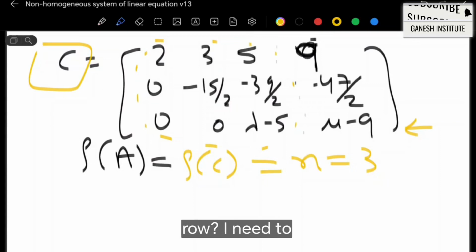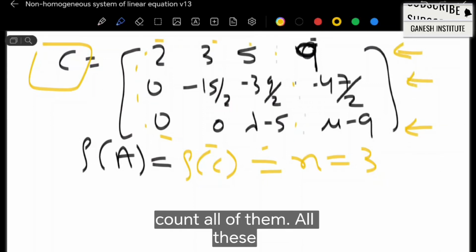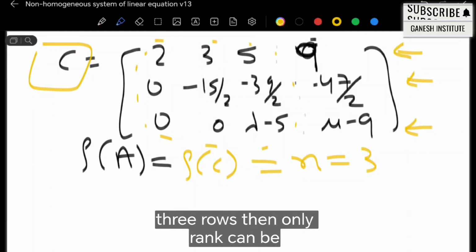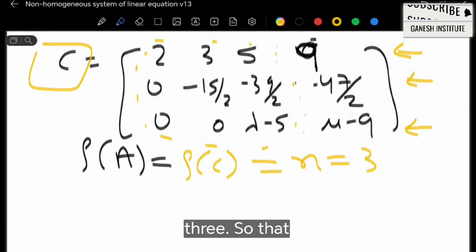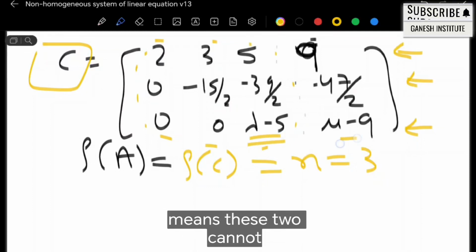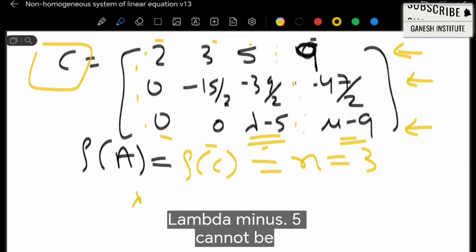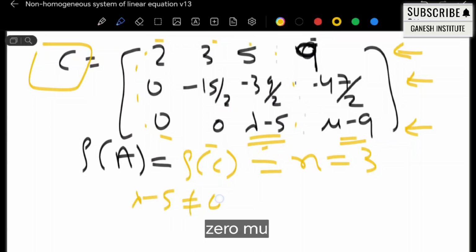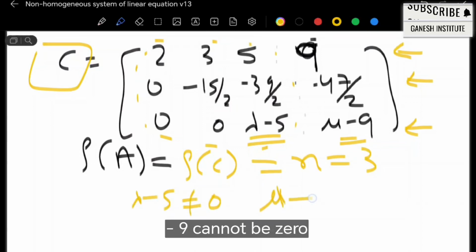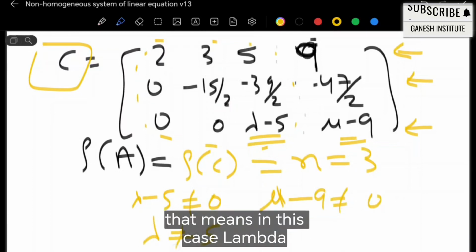Only if I count all these 3 rows, then only rank can be 3. So that means these 2 cannot be 0. Yes or no? That means lambda minus 5 cannot be 0. Mu minus 9 cannot be 0. That means in this case, lambda cannot be 5 and mu cannot be 9.